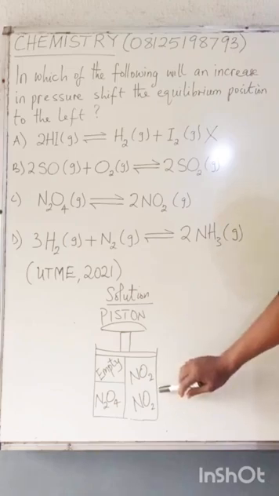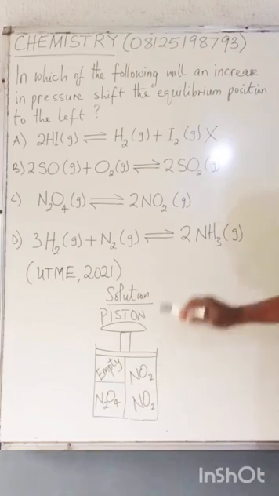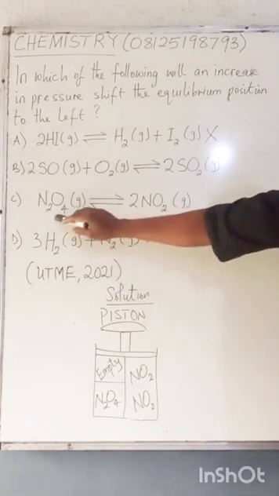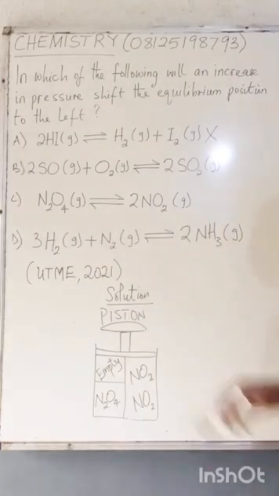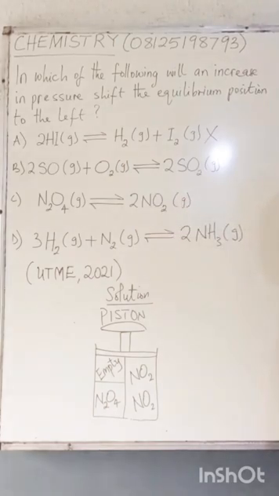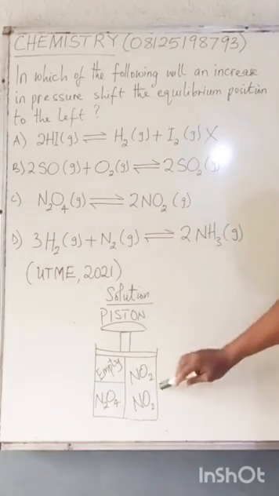This diagram is illustrating option C, where we have an oxide of nitrogen which decomposes to give us 2 volumes of nitrogen dioxide. That's what we're trying to explain here.